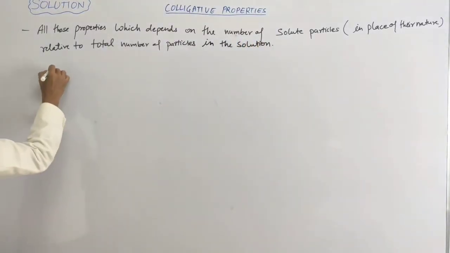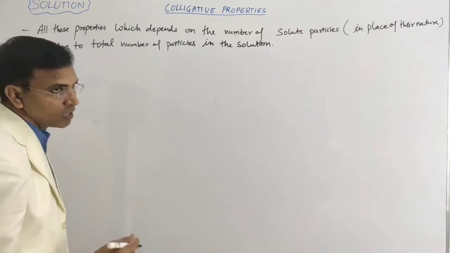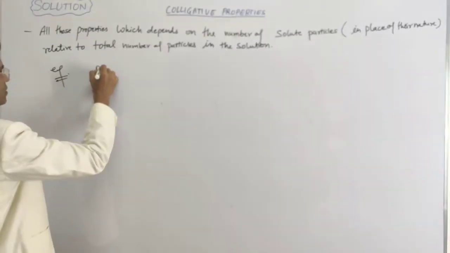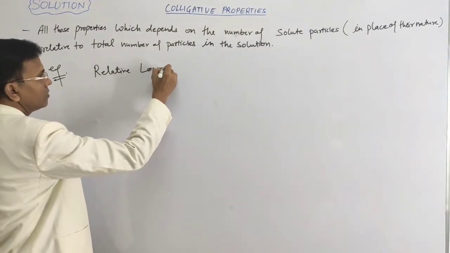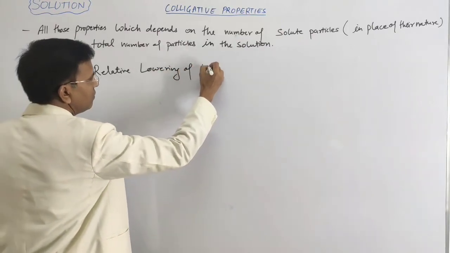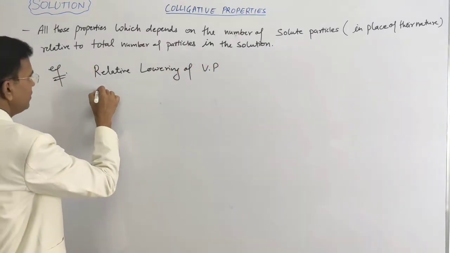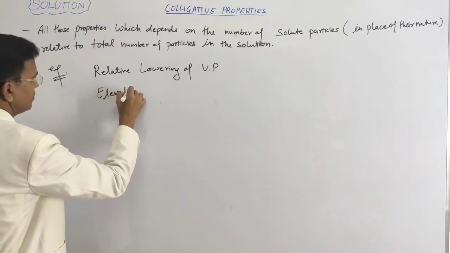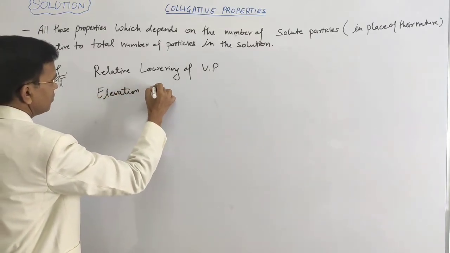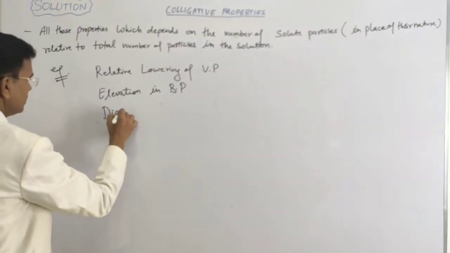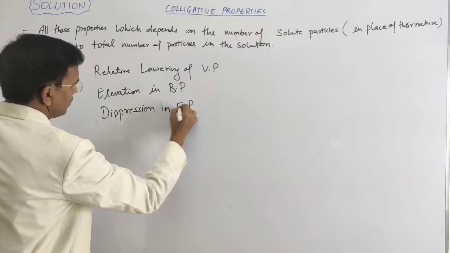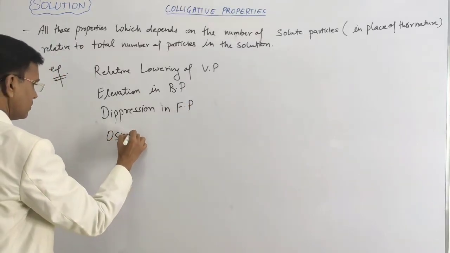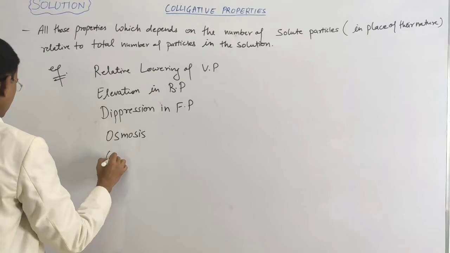Right? So for example, the colligative properties are relative lowering of vapor pressure, elevation in boiling point, depression in freezing point, and osmosis, osmotic pressure.